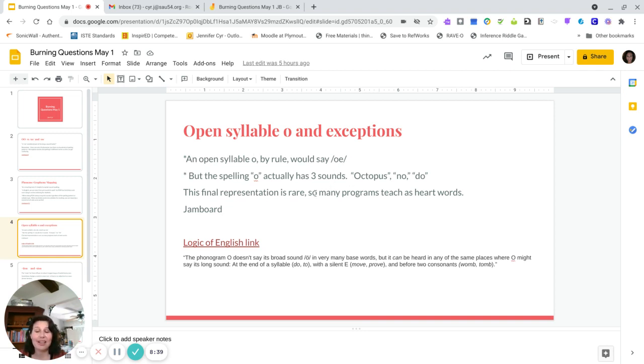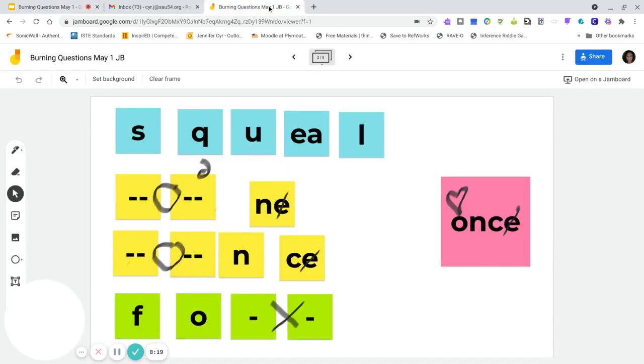But when I looked up the Uncovering the Logic of English website, it came up with the rule that the letter O can represent 3 sounds: A as in octopus, O as in no, and U as in do. And so it's not decodable, it's just rare. So a lot of programs will teach do and to as heart words, right? That makes things a little simpler.